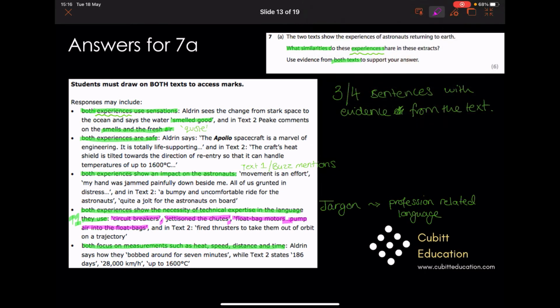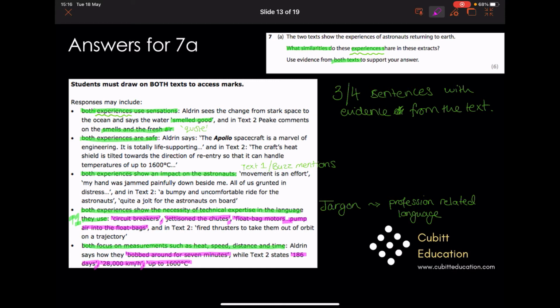And again, they have used "bobbed around for 7 minutes", meaning one quote, and then while text 2 states "186 days", comma, "28,000 kilometers per hour", comma, and "up to 1600 degrees". So again, you've not had to write loads of the sentence, you've just used 3 very small quotes there to make your point.